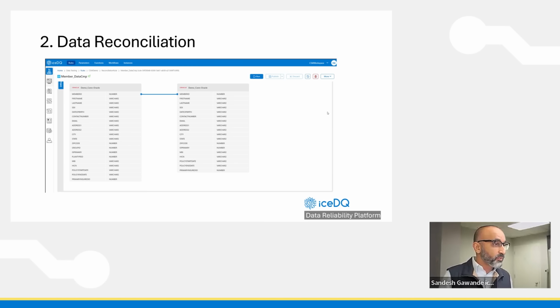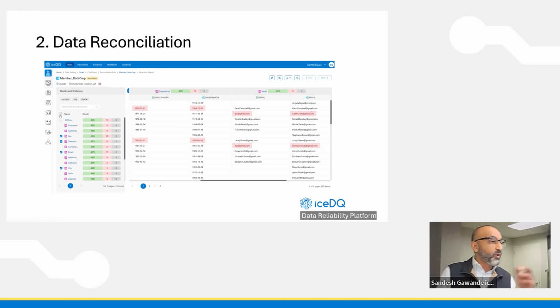If you look at this, while migrating, here you see date of birth. It has compared everything: first name, last name, sex, email, address, city, zip code, everything. And we have shown here a sample where in the source system the date of birth is showing this, I think it's a replacement for null, and the target system is showing something else.